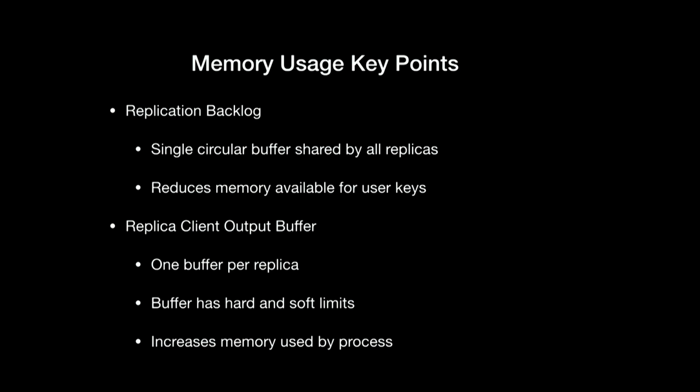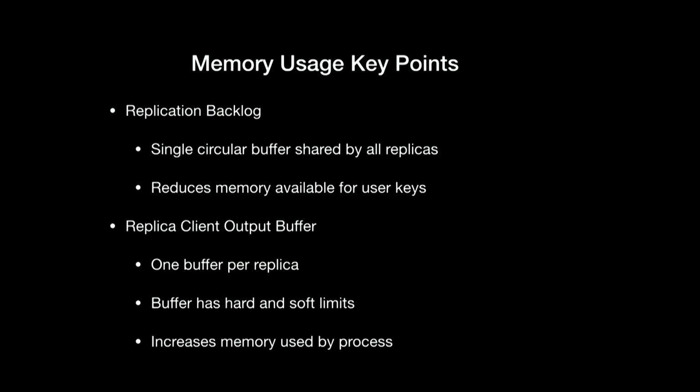So some of the key points: replication backlog is a single circular buffer that's shared across all the replicas. And you should remember that it reduces the memory available for user keys, right? As I mentioned, if you specify a max memory of 10 gig, and you make this 5 gig, then your user memory is going down there. And the replica client output buffer is one buffer per replica.